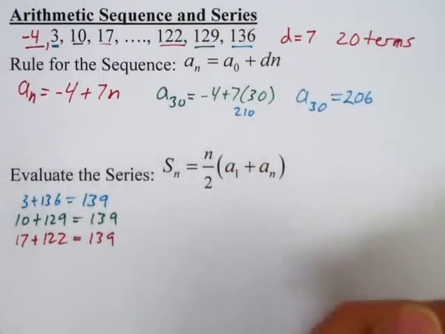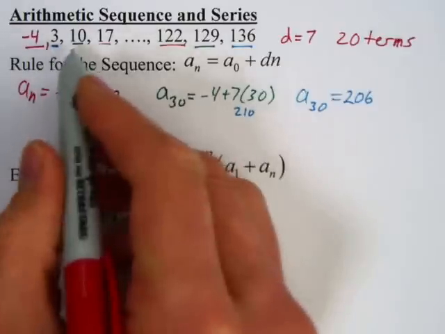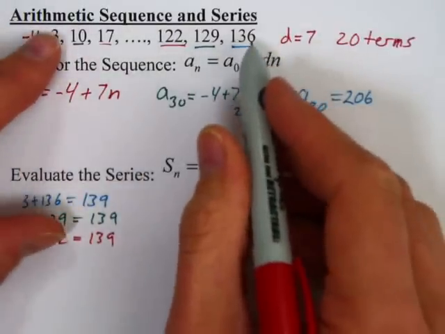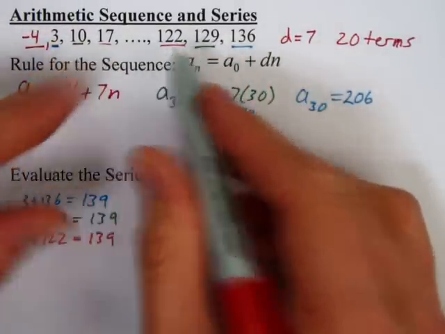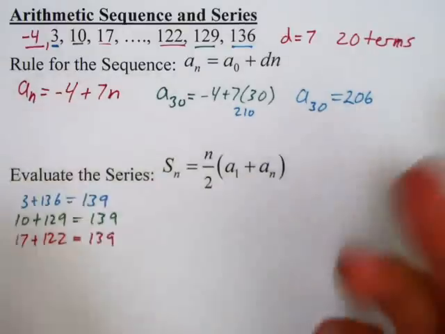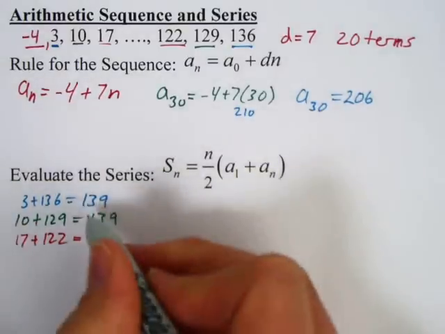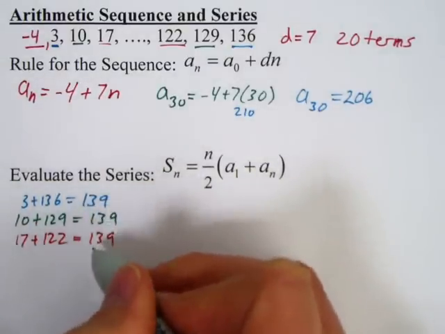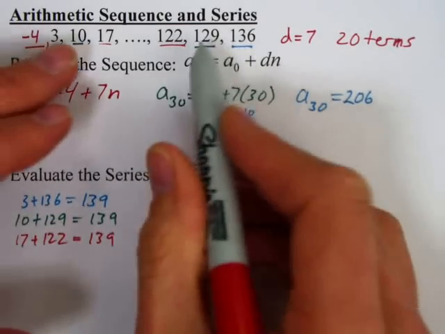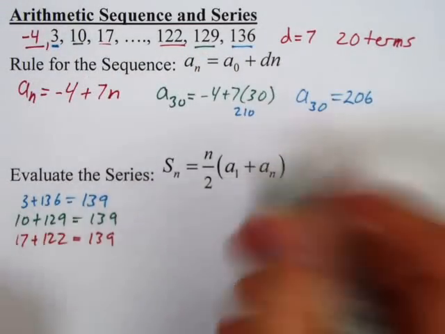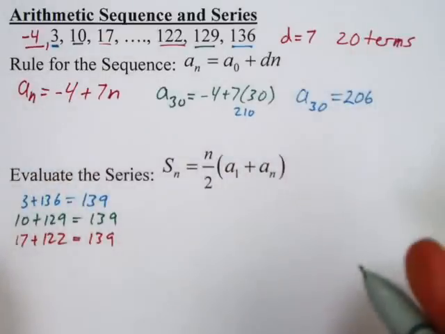All arithmetic sequences, when you take the first and the last and you start adding them in, they always add up to the same number. It's just a phenomenon. It's kind of cool. So this number will always be the same when you start going in. And the n over 2 basically means you have half the number of terms. That'll always work. It's a cool little pattern.